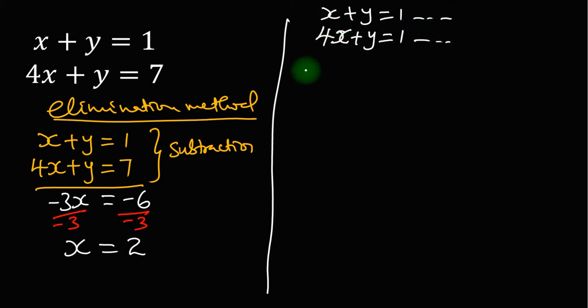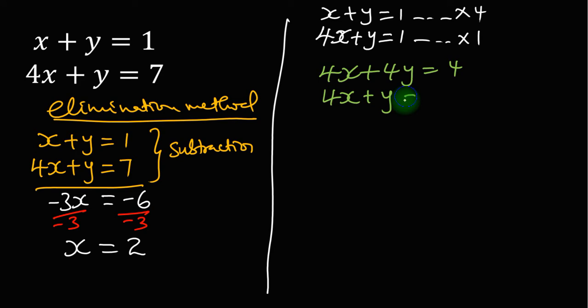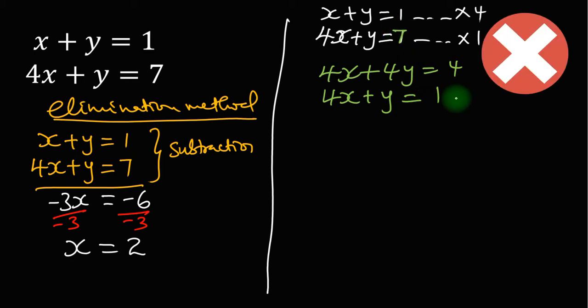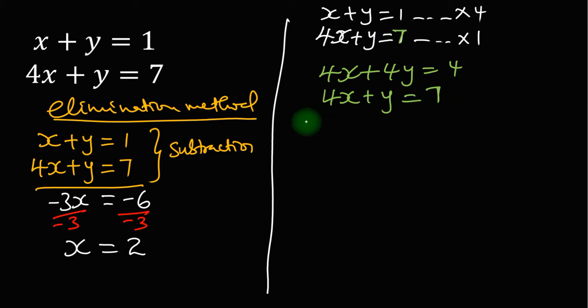Since the coefficient of x is now the same, I multiply the first by 4 and the other one by 1. So I will end up getting, this will be x times 4, we get 4x, y times 4 plus 4y will be equal to 1 times 4, which is 4. Then 4x plus y is equal to 7. Sorry for that.